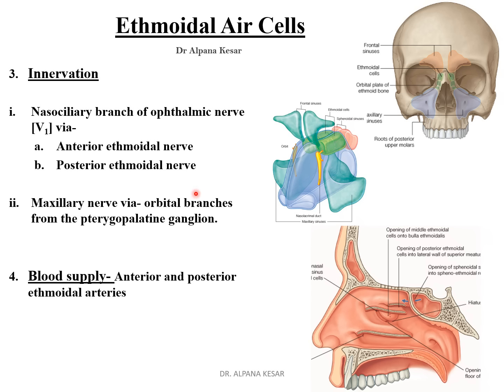Secretomotor or parasympathetic innervation to ethmoidal air cells is from pterygopalatine ganglion through the orbital branch of maxillary nerve. The blood supply to ethmoidal air cells is through anterior and posterior ethmoidal arteries.